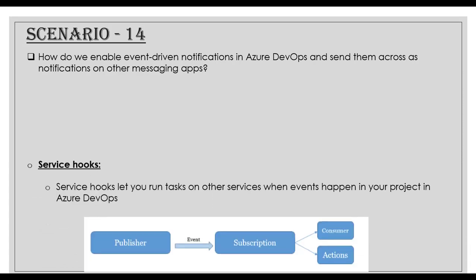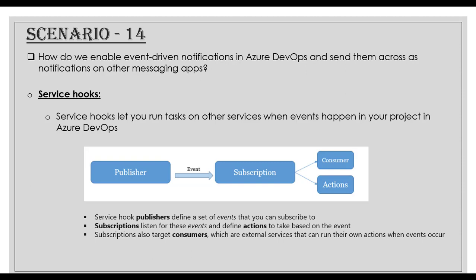The possible answer is service hooks. What exactly will service hooks do? Service hooks let you run tasks on other services when an event happens in your project in Azure DevOps. For example, you have a build pipeline and the build pipeline succeeded. So it's an event which has occurred and you want to send that completion message on Slack.